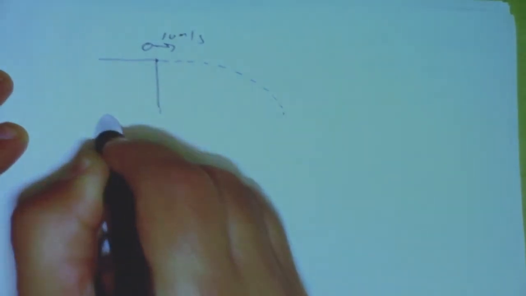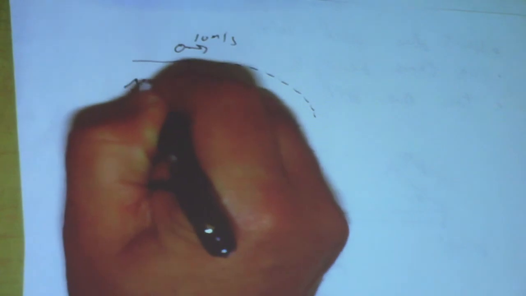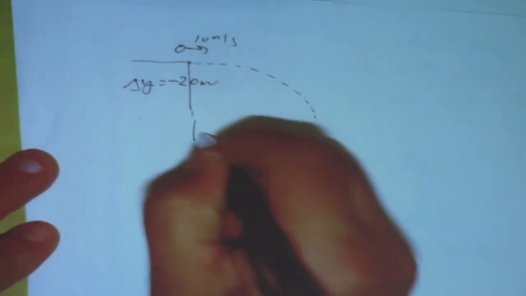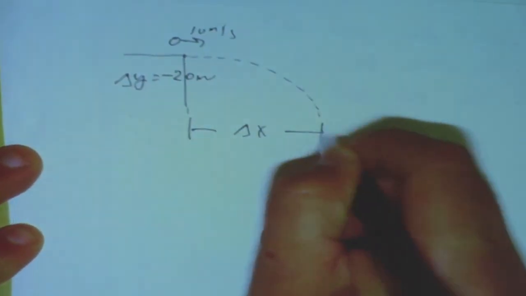I drew it this way, but really it's going to go like this. It's the same exact problem as the dog jumping off a pier. It falls 20 meters to the water below. So in terms of displacement, this would be minus 20 meters. How far does the rock travel horizontally? So what is delta x?